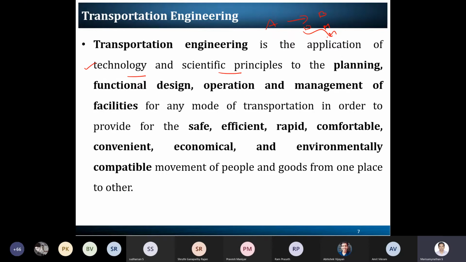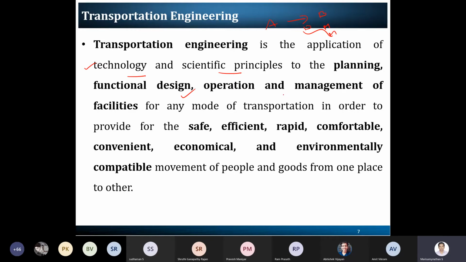So when we adopt and apply that science and technology to develop the proper planning, functional design, operations and management of those facilities, to encourage the transportation mode to run between one origin and the destination by providing a safe, efficient, comfortable, convenient, economical and environmentally friendly mode, that is considered transportation engineering.